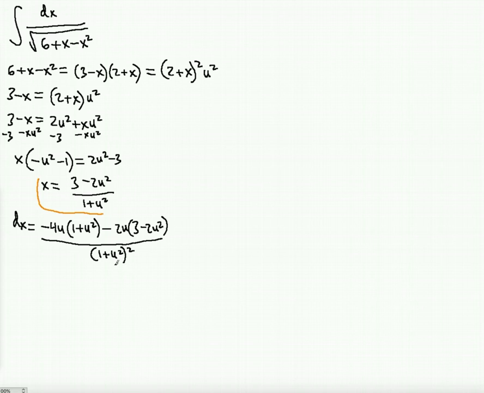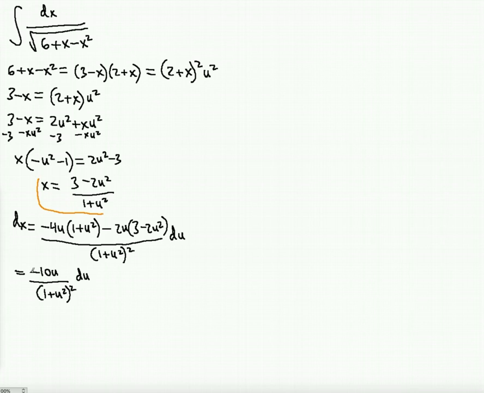All right, you get this. This simplifies to negative 10u over (1 plus u squared) squared, and then we need to not forget the du in there, because we're differentiating both sides. So that's the dx part.